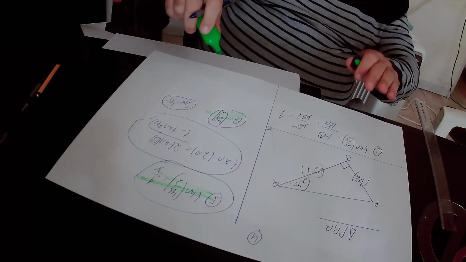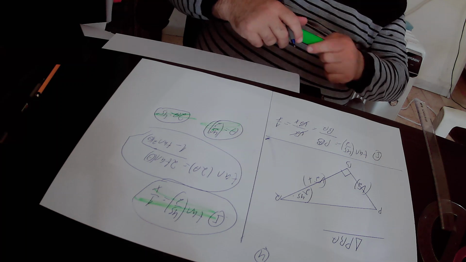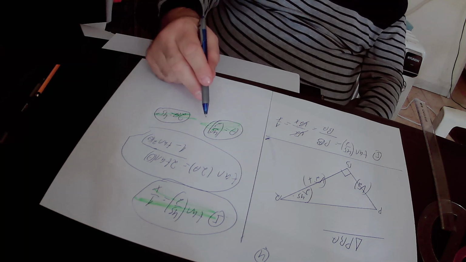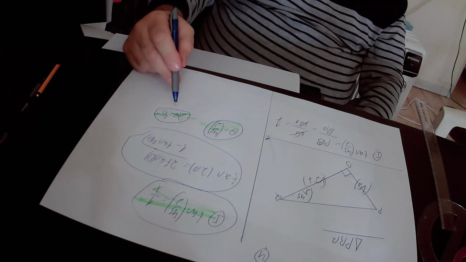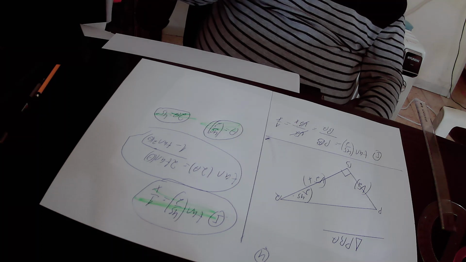Okay. In the next step, we will substitute theta in this trigonometric identity by 45 over 2 degrees, and we will substitute 2 theta by 45 degrees.